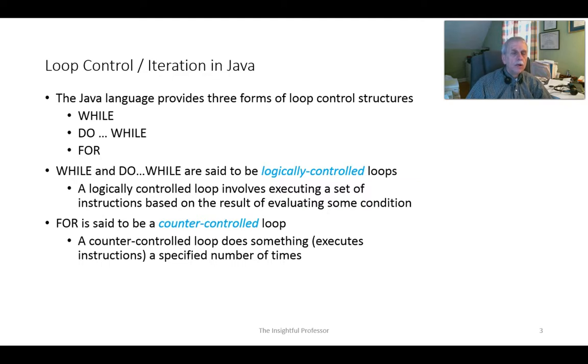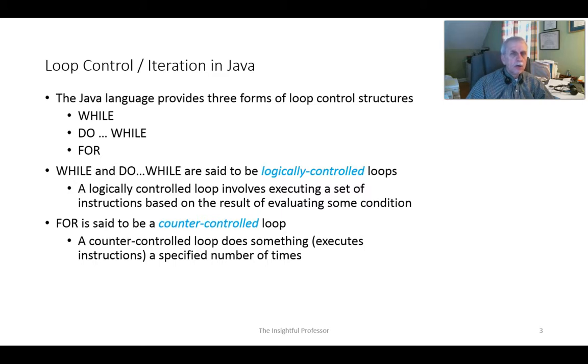The first two are considered logically controlled because we're basing the determination of whether to repeat the execution of a sequence of operations by testing some kind of a condition. There's some test that's being performed against what's called a control variable.